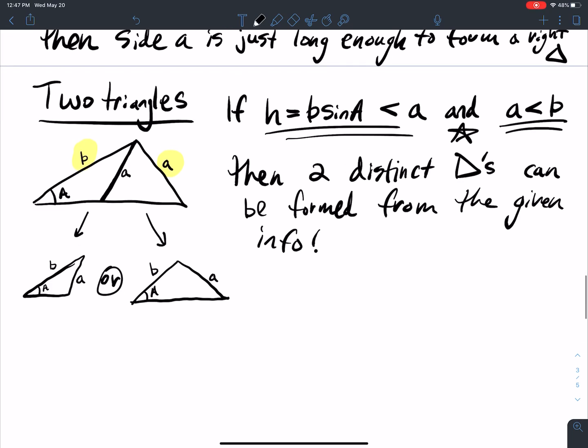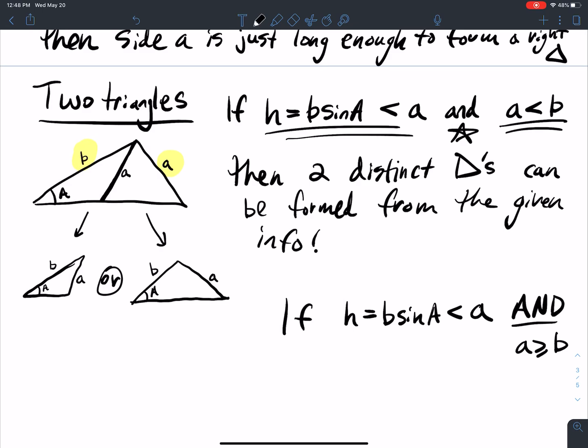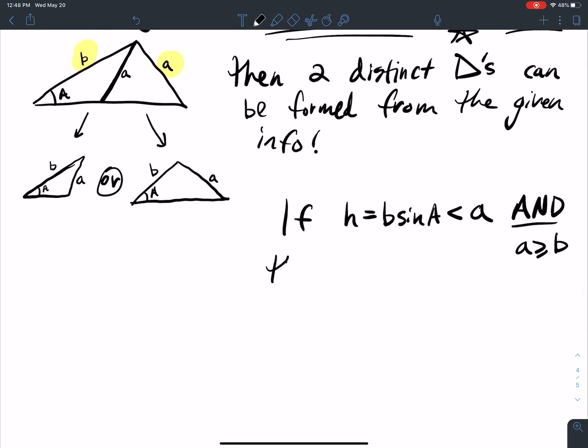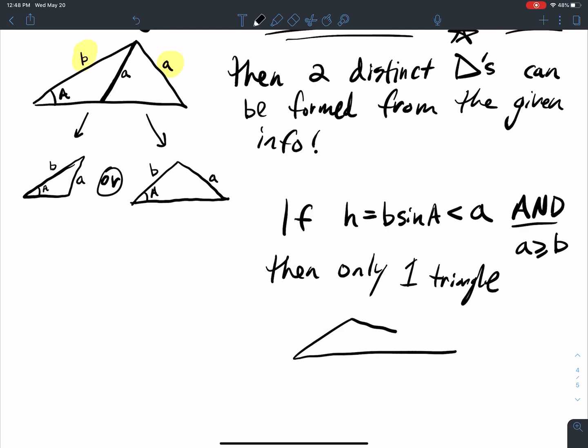Okay. Now, if H is equal to B times the sine of capital A, and this is less than A, along with A greater than or equal to B, then only one triangle is formed, and that triangle looks like this here.